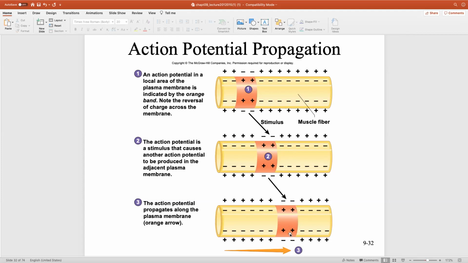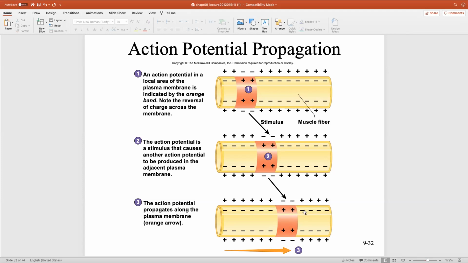Now sodium comes in, and the whole point of this slide is that each segment always causes the next segment to depolarize. The reason is that when sodium comes in, that sodium influx causes depolarization, but it doesn't just sit in the segment. It's going to move forward and it's going to move back.